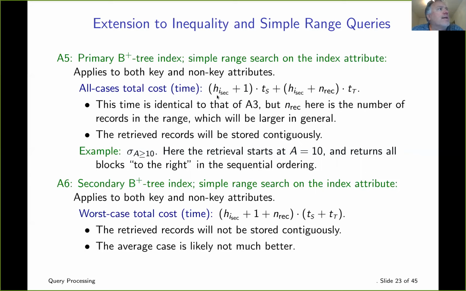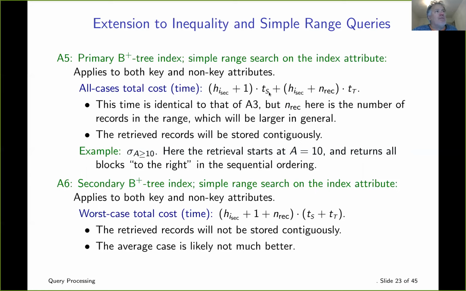These expressions here are still including a potential cost. Most of the time, let's just assume these are going to be 0 because we have the index fully in memory.